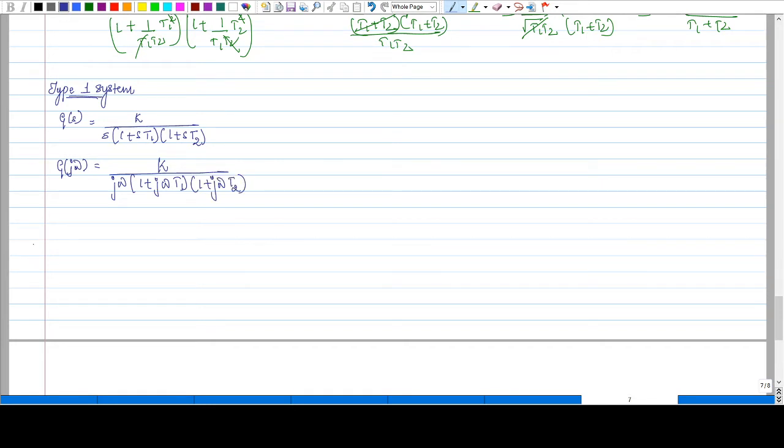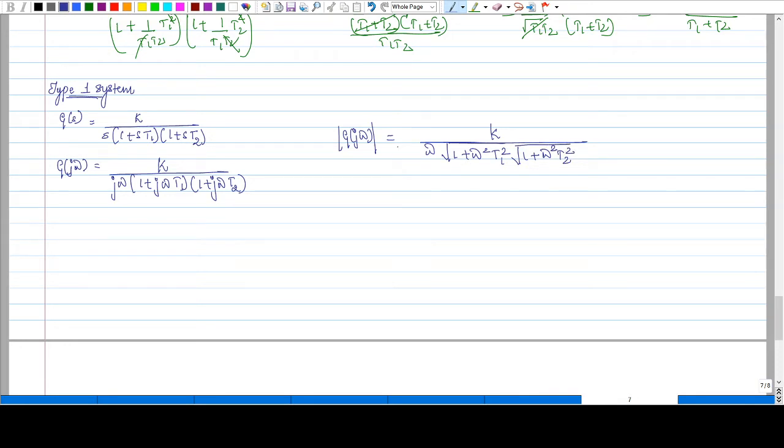This is the sinusoidal transfer function. The magnitude of this transfer function, G of j omega, is equal to k divided by omega root of (1 plus omega square T1 square) root of (1 plus omega square T2 square).